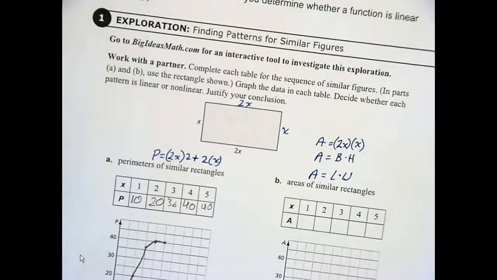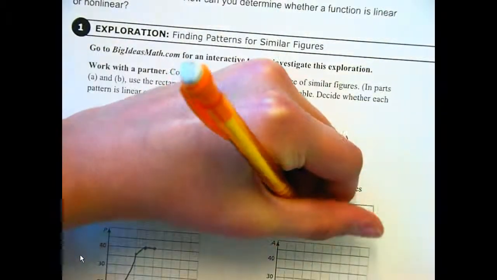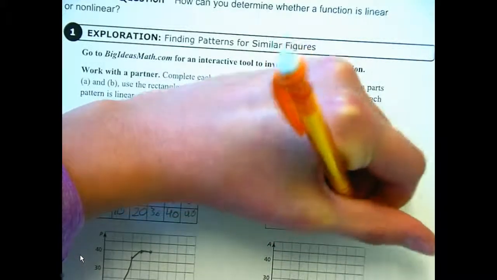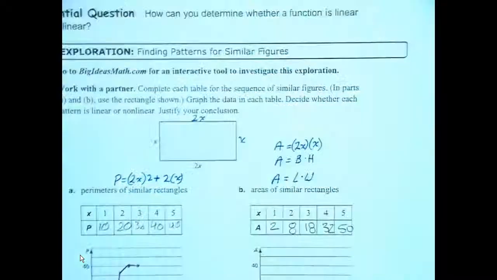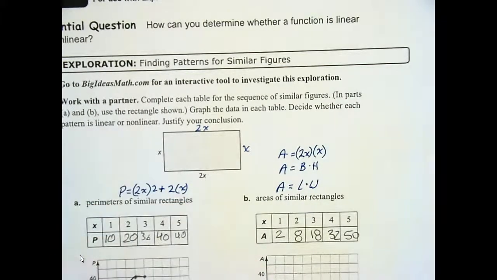It doesn't look right. And then if you look back, you can... Oh, this is like 5, 10, 15. That's weird.